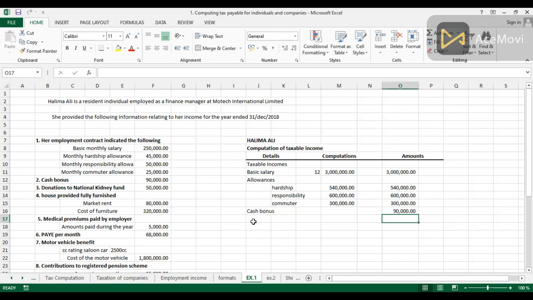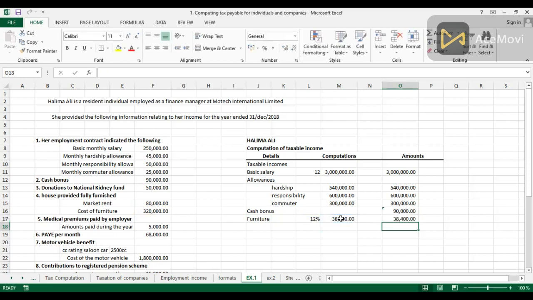So we'll go to furniture. So furniture is taxed at 12% per annum. So it will be this one times, where is the furniture? Here, the cost of furniture, which will be the same one here.